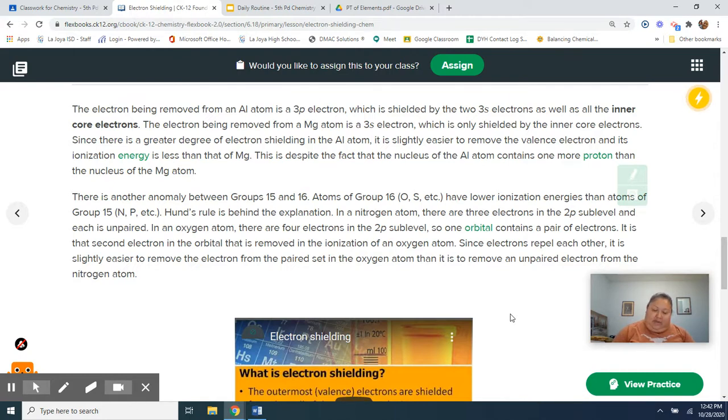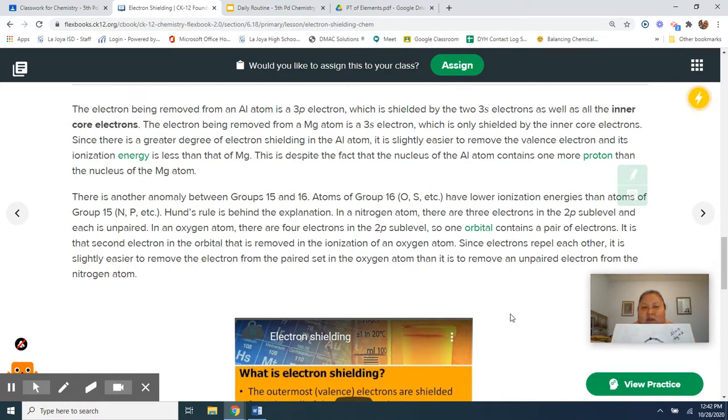And I'm trying to erase it as best as I can without erasing the s orbital. This is what group 2 atoms look like. It's only the basketball around the nucleus. So this is now magnesium with only 2 valence electrons, 1 and 2. So these are the outer electrons. There's still some on the inside.